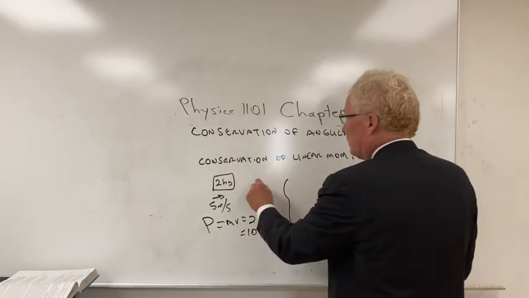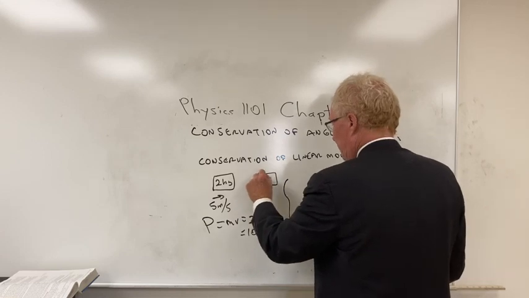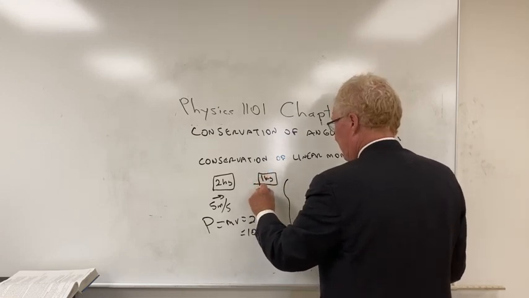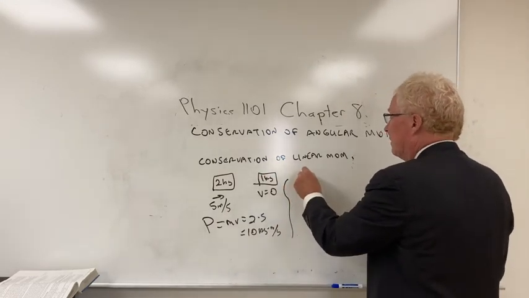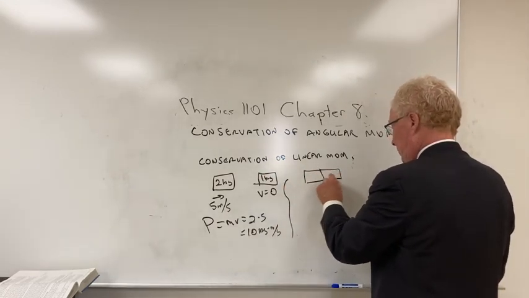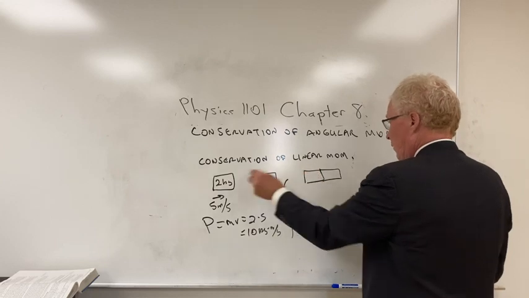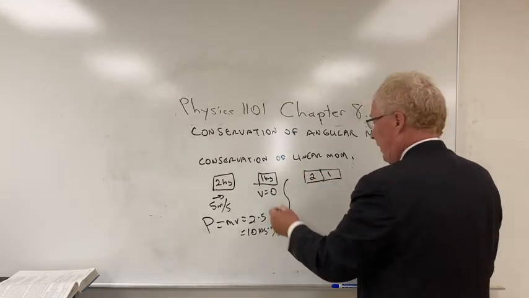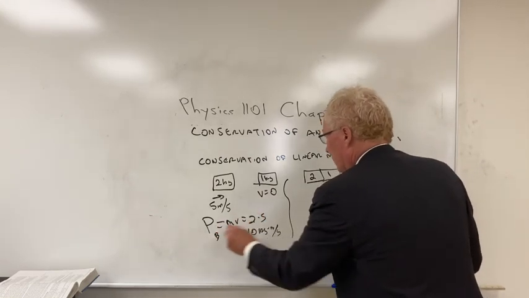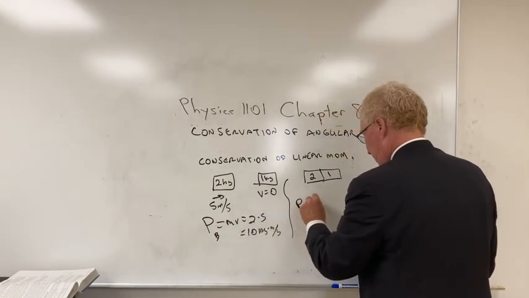And it collides with a 1 kilogram object with velocity of 0, collides and sticks. Afterwards, you would have 2 plus 1 kilogram together. We'd have momentum before equals momentum after.